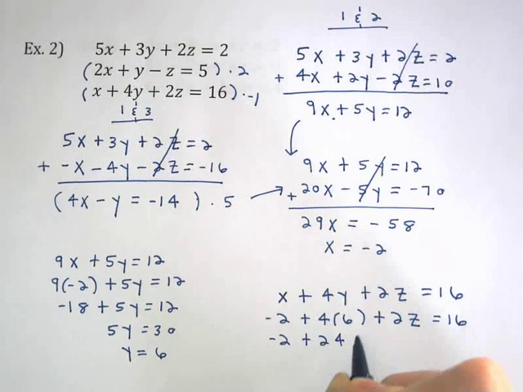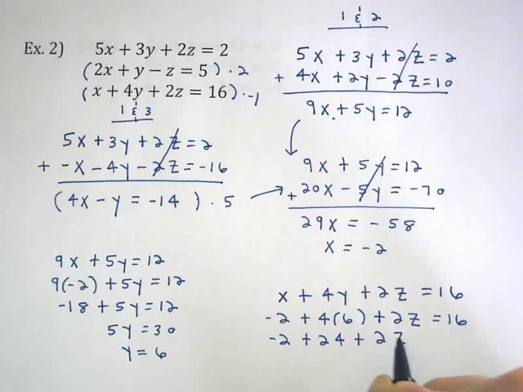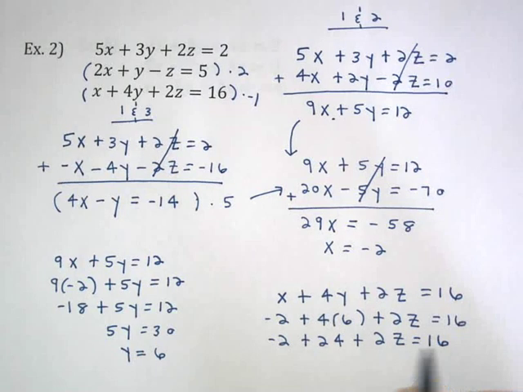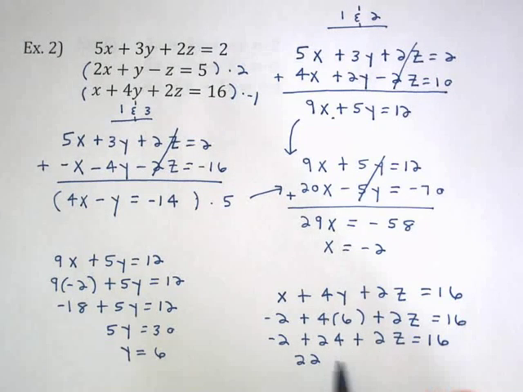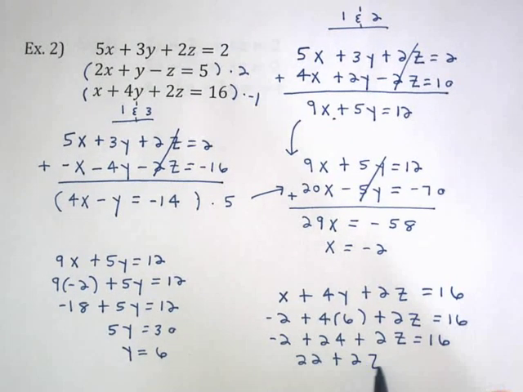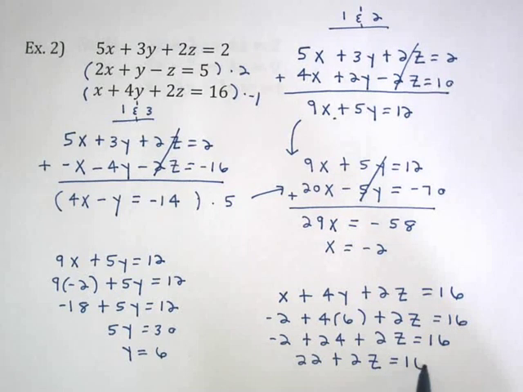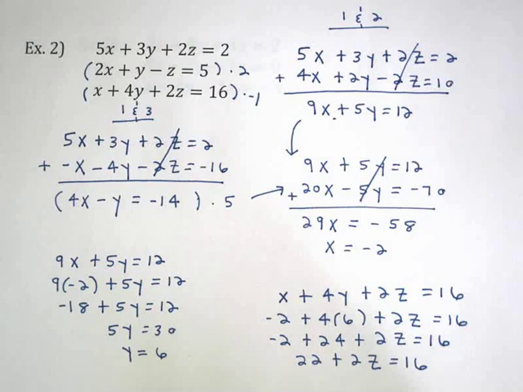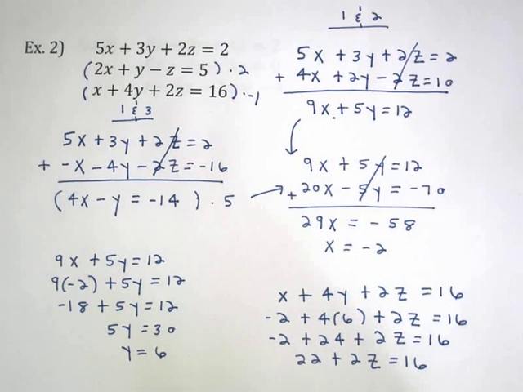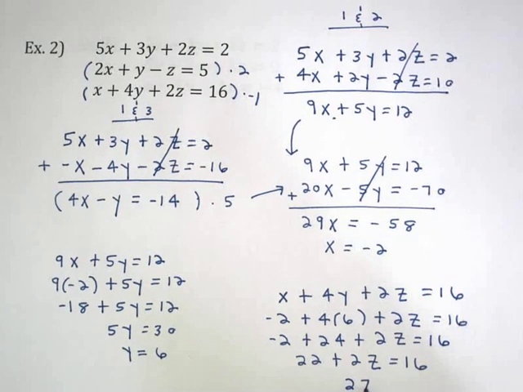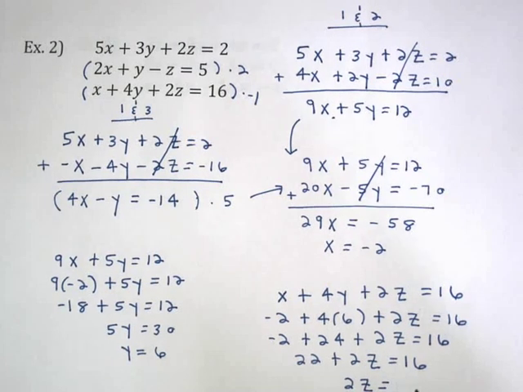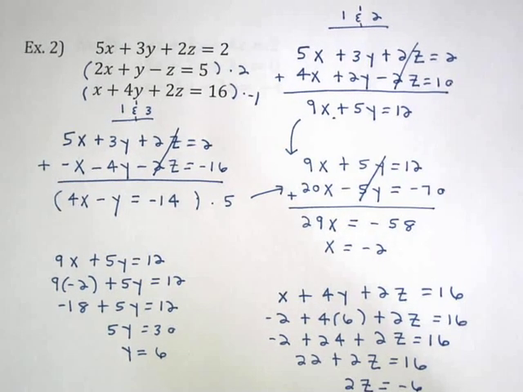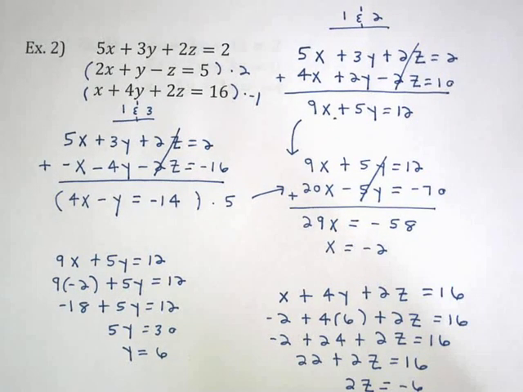Alright, so what we have here is -2 and then positive 24 plus 2z equals 16. So that's 22, and I guess you don't really have to write those 2 steps out as separate things. It would be fine to just do it all together at once. So then subtract the 22 on both sides and get 2z equals -6.